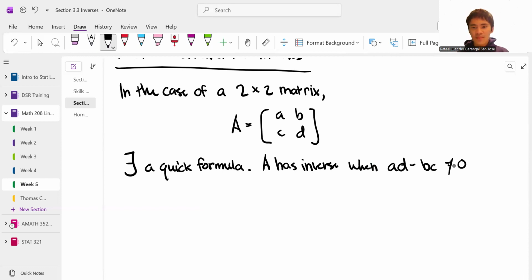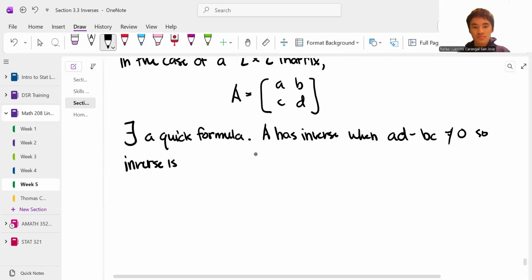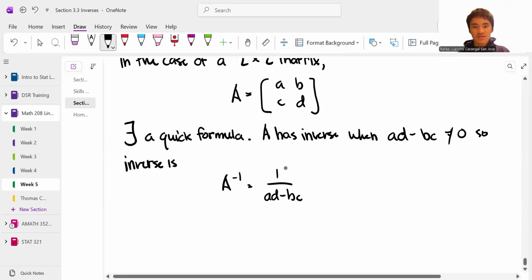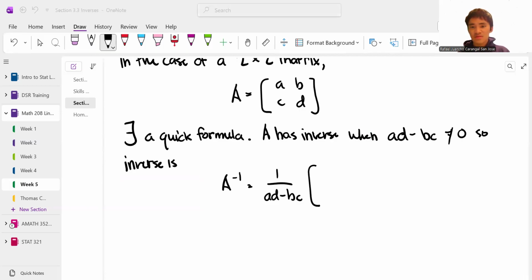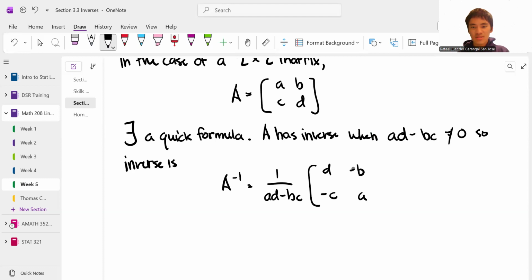So the inverse is the following: A inverse is 1 over AD minus BC, multiplied by this matrix, a scalar multiplied by a matrix: D, negative B, negative C, A.